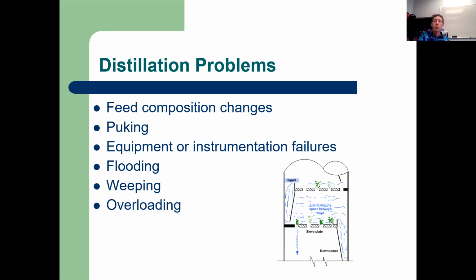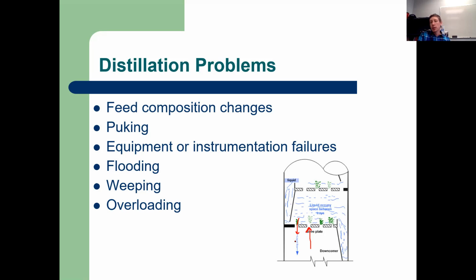Okay, vapors are moving up the column. Vapors working on our trays, pushing up the column, keep that liquid from falling down through the trays. So when we have different types of trays, we need to have that vapor pressure holding that liquid on the tray.